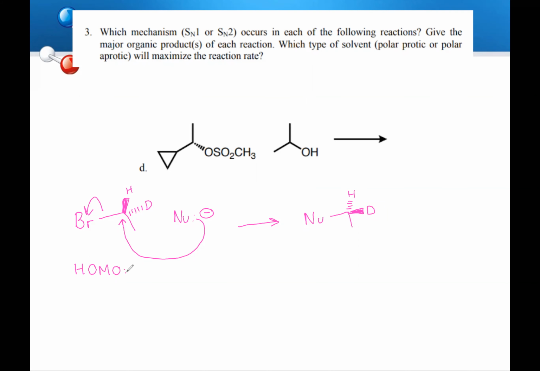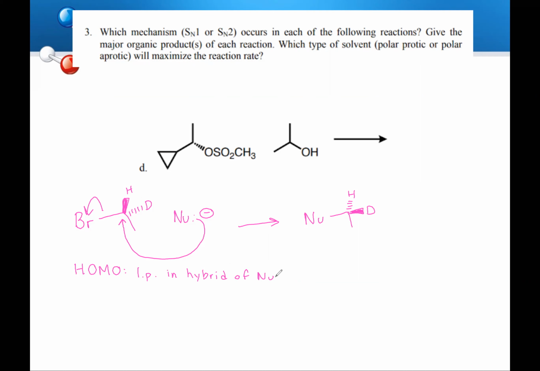So the HOMO for SN2 is always going to be the lone pair in some hybrid orbital. We don't know the hybridization of this nucleophile, but a lone pair in the hybrid orbital of the nucleophile.